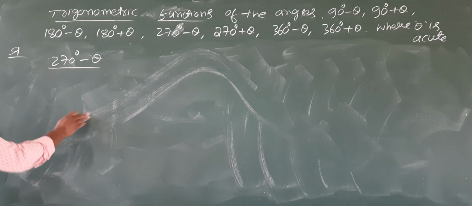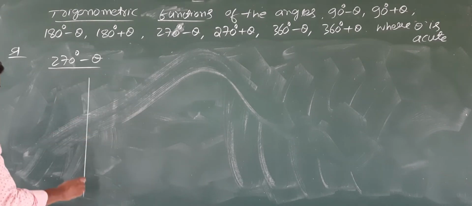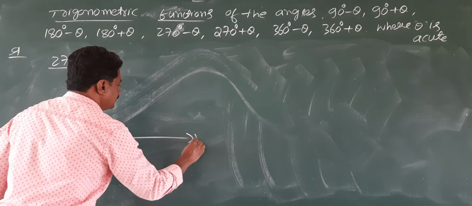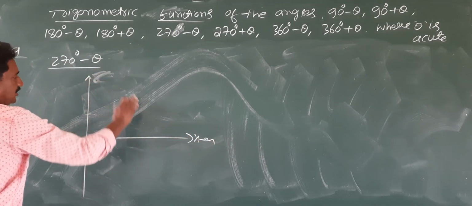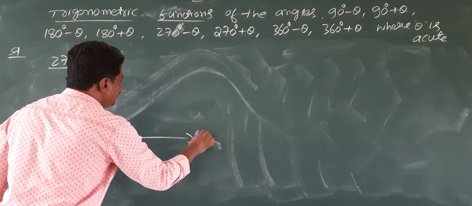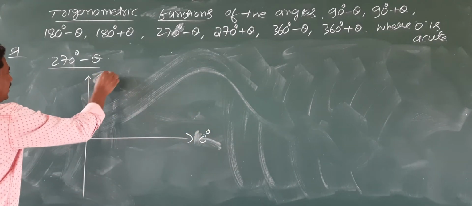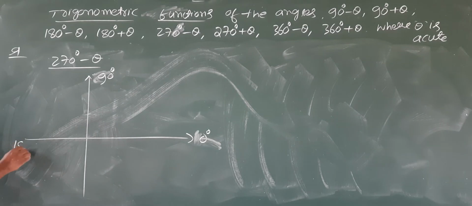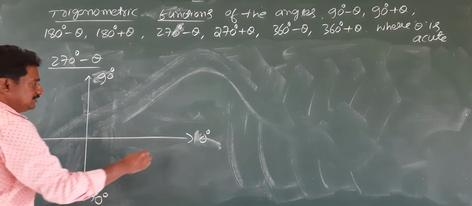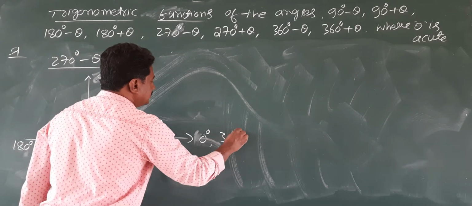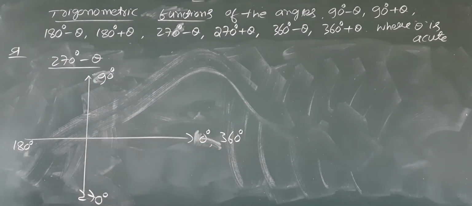Look at this, students. The x-axis is not required. 0 degree, 90 degree, up to here 180 degree, 270 degree, 360 degree. Now at 270, up to here it is 270 degree minus theta.